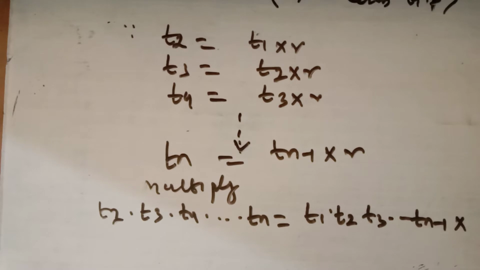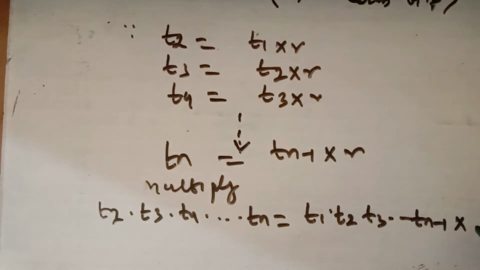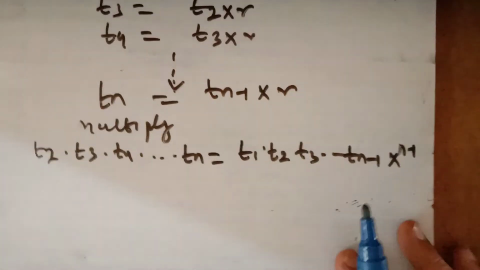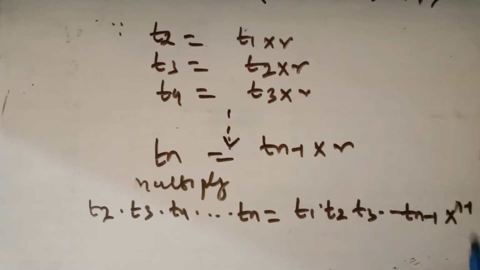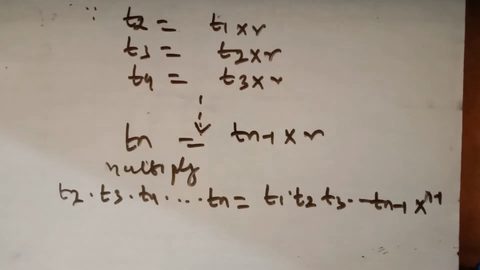Multiply left and right as well. And if you multiply r into r into r, how many terms are there from T2 to Tn? It will be n minus 1. So it will be r raised to power n minus 1.